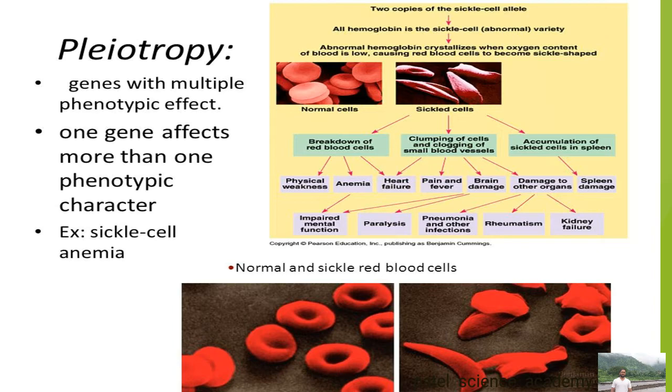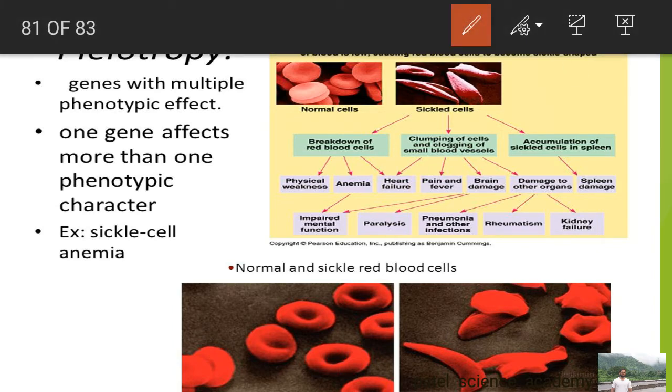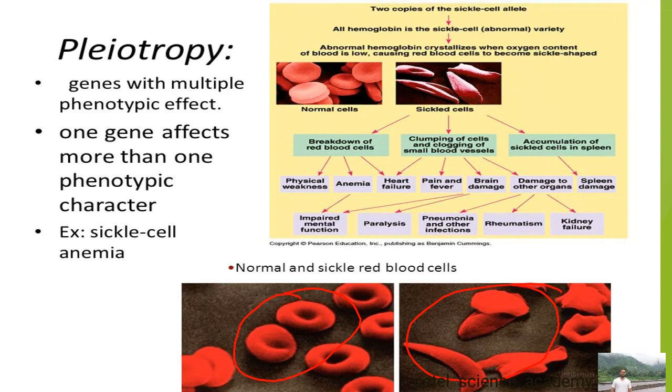You can see here one more time, this is the sickle shape of the RBC, and this is the normal shape of the RBC. This difference indicates the sickle cell anemia patient, because of the presence of that HBS gene.